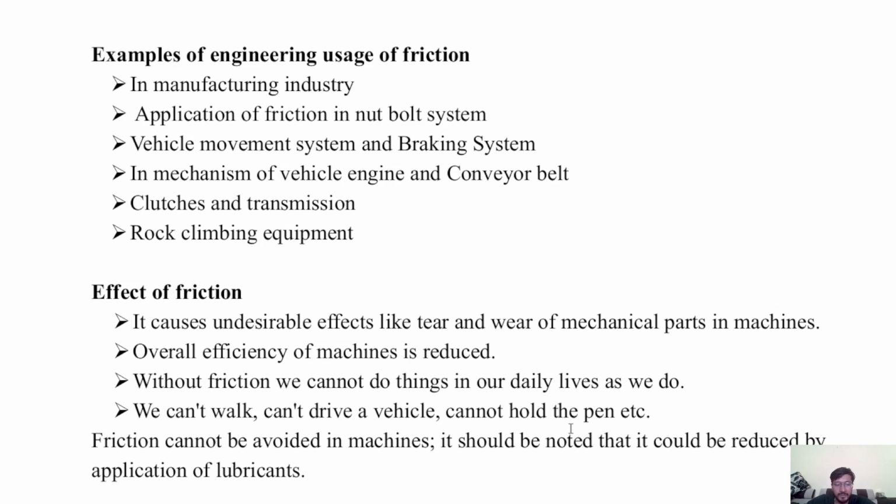Certainly, here are some examples of engineering applications where friction plays a crucial role. Friction plays a crucial role in braking systems in vehicles. Friction between brake pads and rotors is essential for slowing down and stopping vehicles.